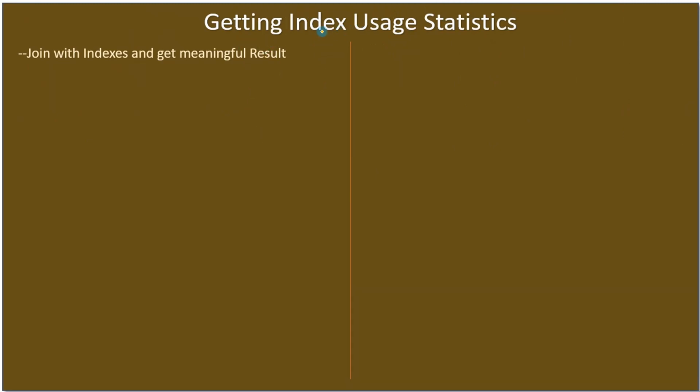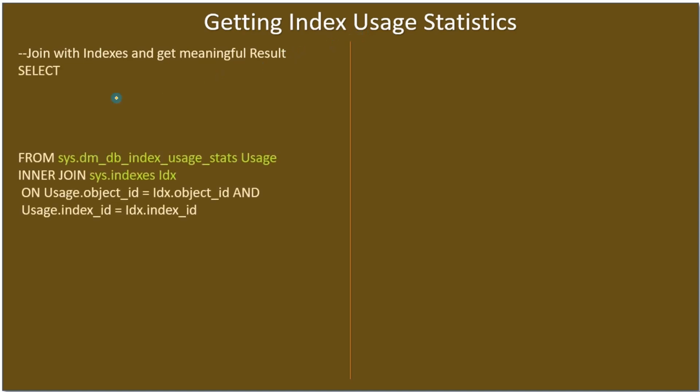Now let's see the index usage statistics. Here we are making a select statement from sys.dm_db_index_usage_stats, and we are setting an alias for it as usage.